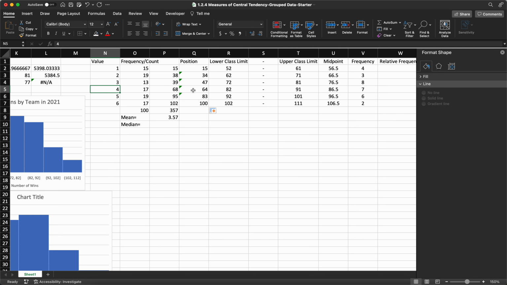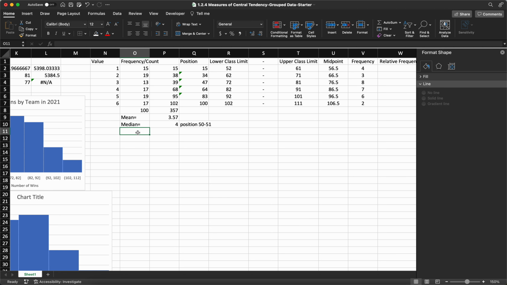What's the average of 4 with itself? It's 4. So because the positions 50 and 51 were both 4s, the average is going to be this number, 4. So the median is 4 here.